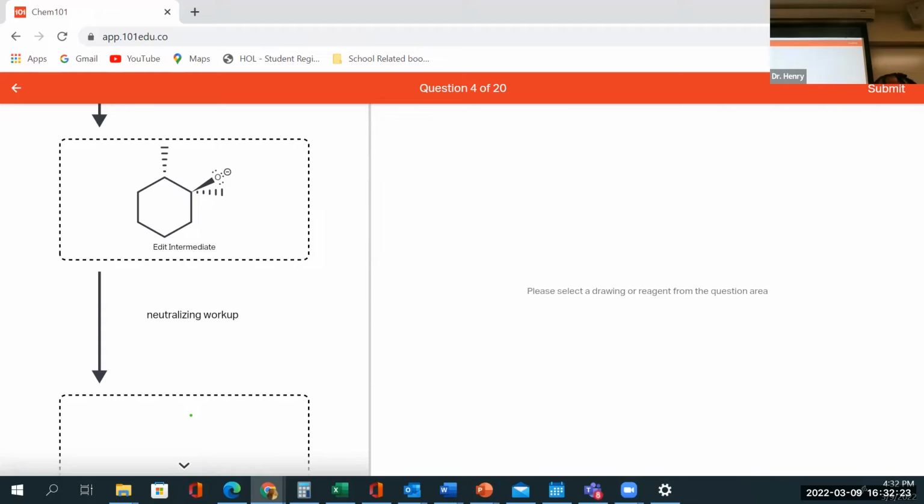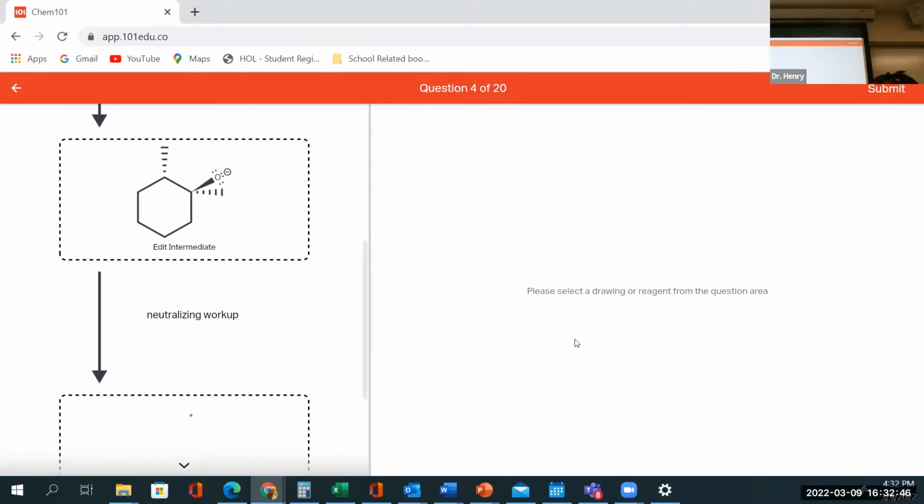So after neutralization, we're just basically going to have water present so that we can actually have the neutralization occur. So then what's going to happen to the negatively charged oxygen?